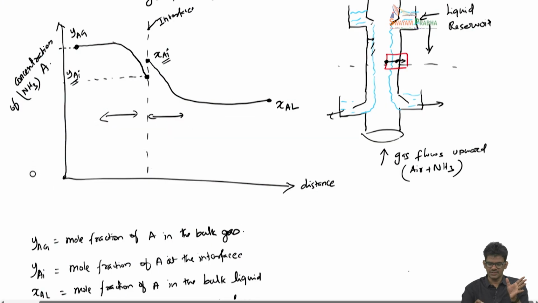Therefore, the mass transfer rate that we want to write can now be described within the bulk phases and the associated resistance. We are going to say the resistance for mass transfer happens to be in the gas phase here as well as in the liquid phase here, in the total mass transfer.